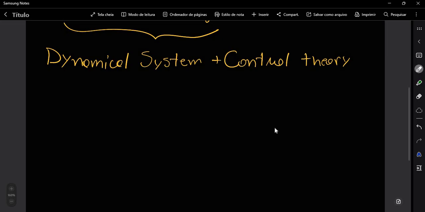What is important right here, and I will write this, is the feedback linearization.